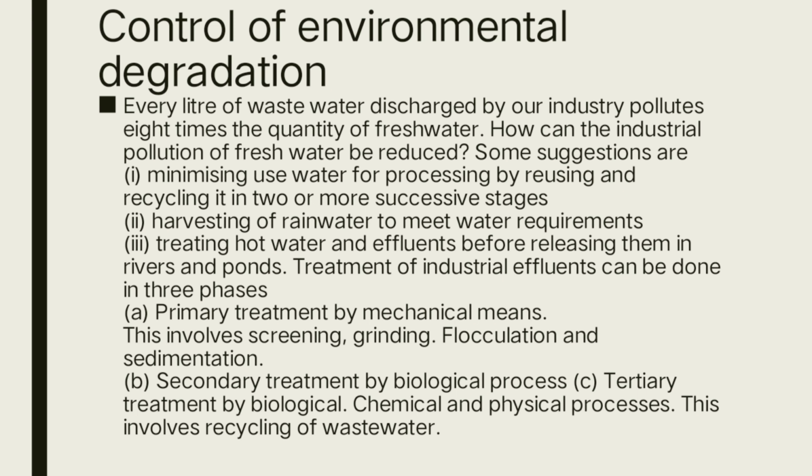Every liter of waste which is discharged into the water, this industrial waste is polluting 8 times the quantity of fresh water. So 1 is to 8. How much of wastage! How can industrial pollution of fresh water be reduced?